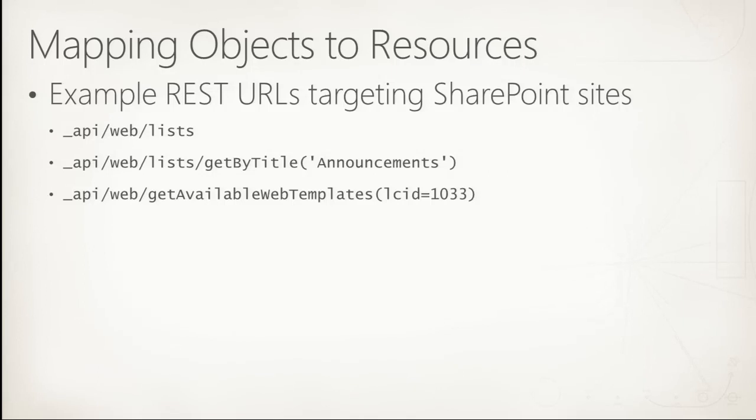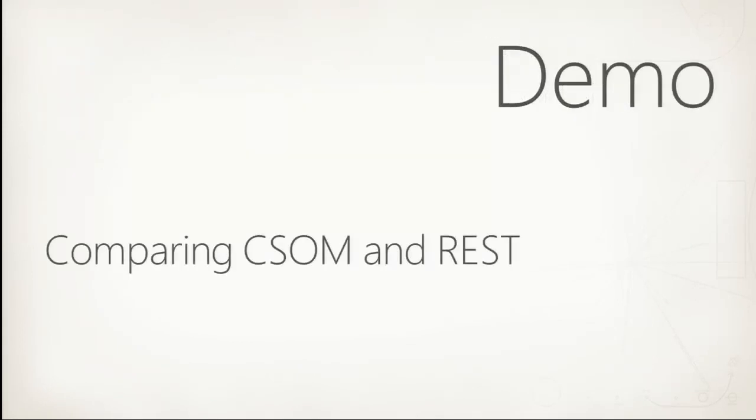What I'm going to show in the demo is how similar they all look, whether you're using the JavaScript object model, the .NET object model, or the REST API. For folks who have experience with that, you can leverage that same knowledge in the REST case. So let me hop on over to a demo.